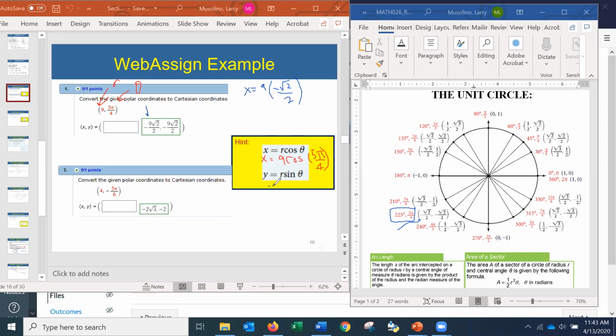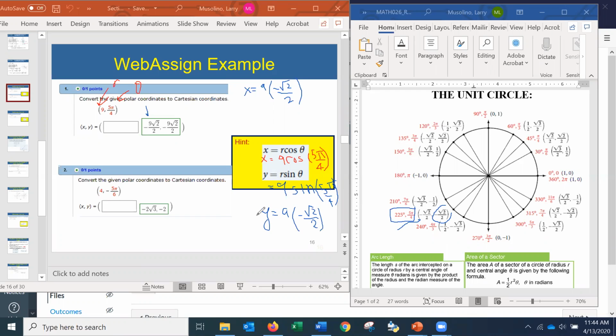The Y value is going to be 9 times sine 5 pi over 4. Again, I'll go to the unit circle for that. And it looks like the sine is also negative. So the Y value is going to be the exact same answer, 9 times negative square root of 2 over 2. Okay.